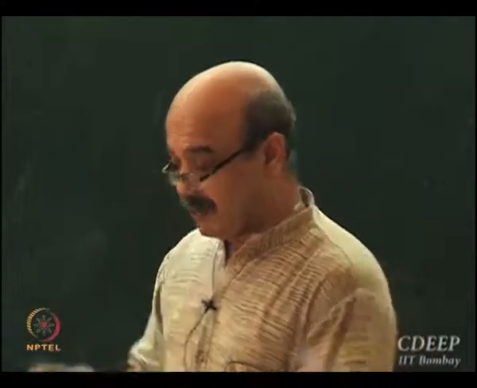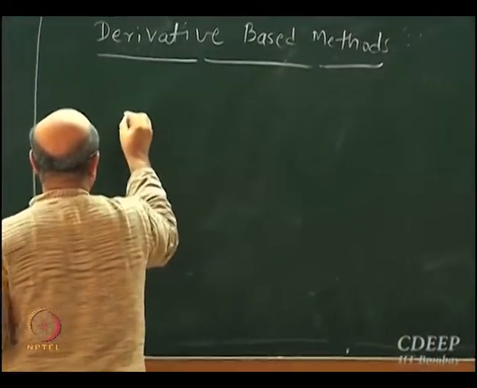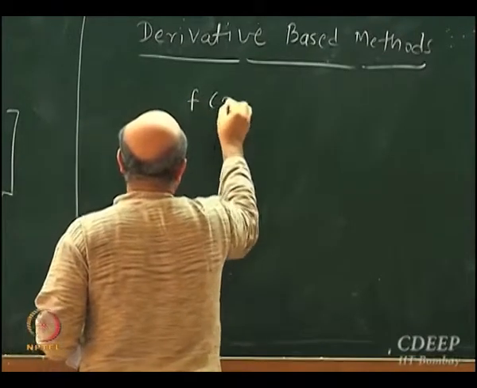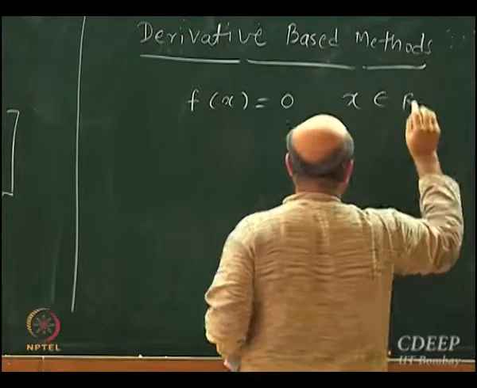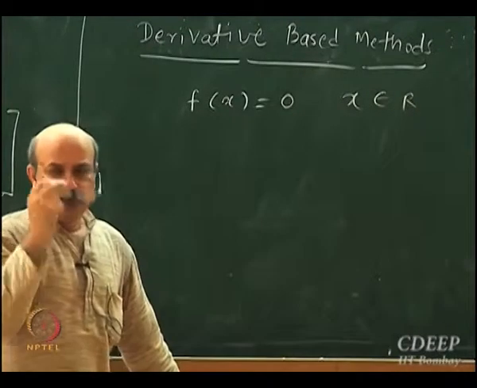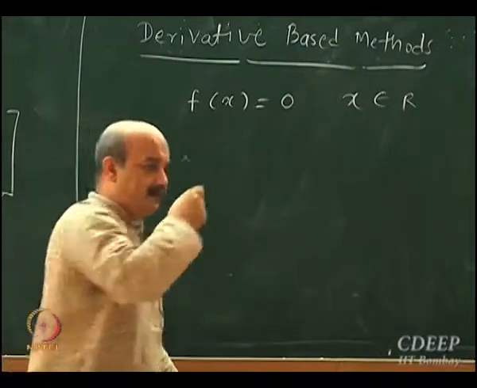So the motivation comes from univariate methods. In Newton's method, if I have f of x equal to 0 where x belongs to R, I want to solve a one variable equation f of x equal to 0.